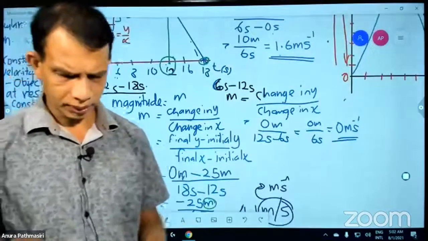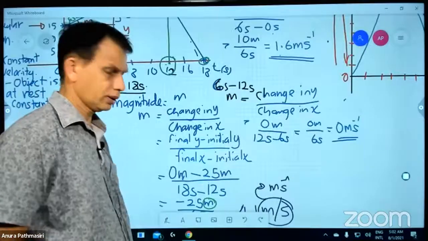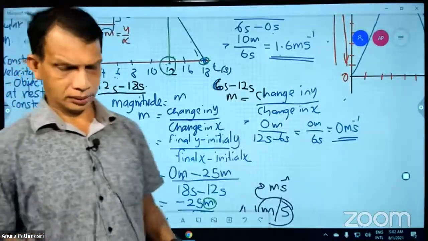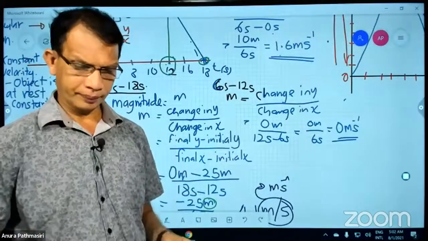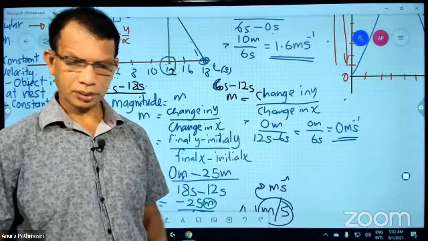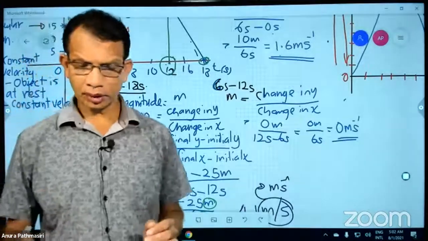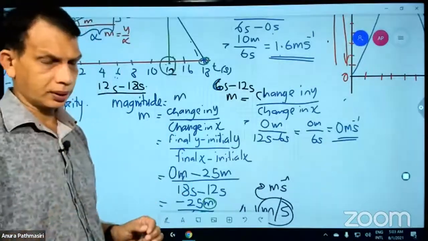So we are talking about these questions for the latecomers. We have been discussing some answers here. Then the magnitude of the motion from 0 second to 6 second. Draw a velocity time graph for the motion from 0 second to 6 second.